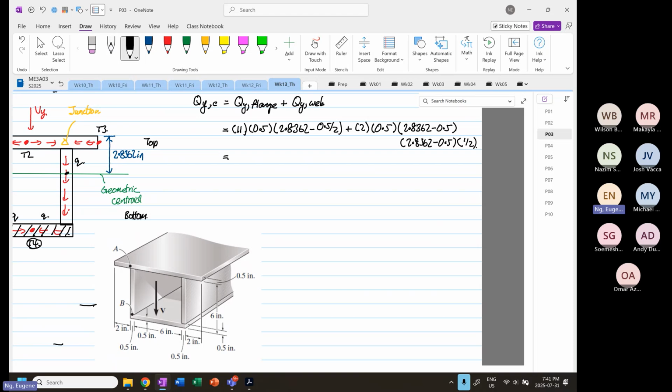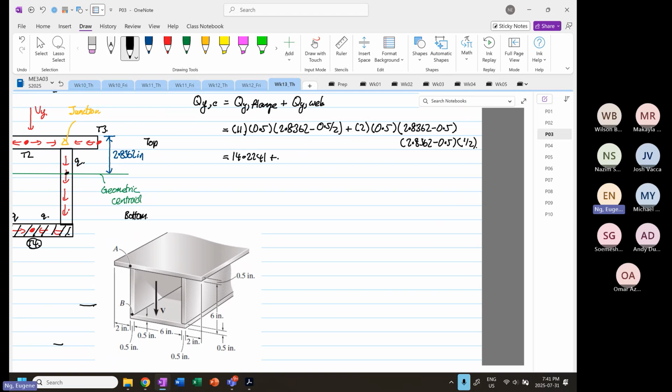Then you compute this. 2.8362 minus 0.5, divided by 2, times 0.5, times 11. So it's equal to 14.2241. Okay.